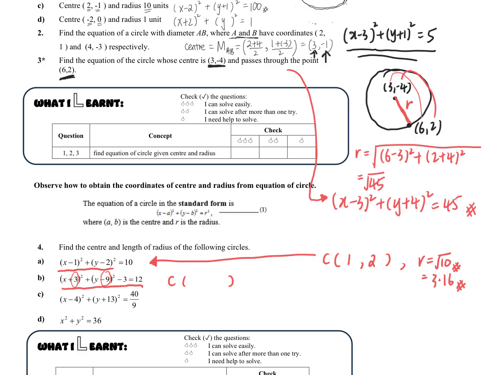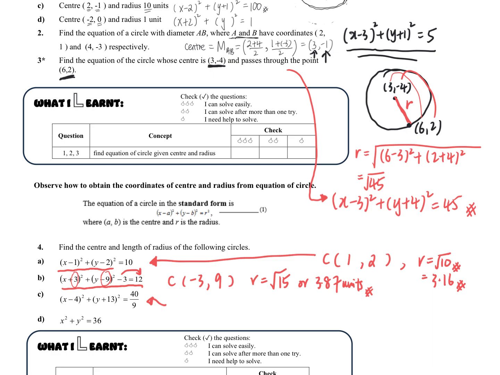What is the x coordinate of your center? No, I want the center. And? Okay, so the radius is? Square root 15. Make sure you bring this over and simplify first before you take the square root. So square root 15 cannot simplify already. You can either leave it like that or give me 3.87. Okay, units.